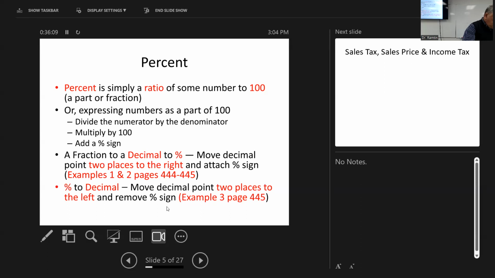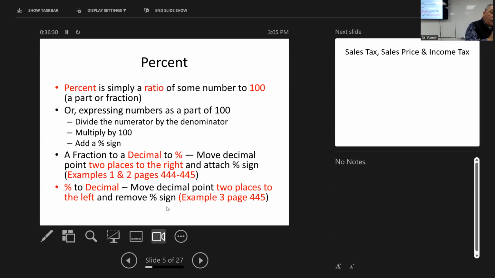All right. Let's look at example number 3 at the bottom of that page. Here it has given us a percentage, 19%, so express that as a decimal. 19% is the same as 19/100.